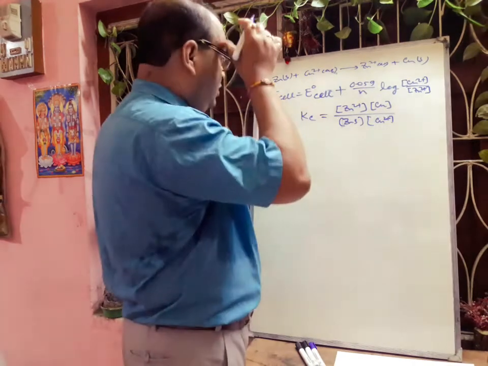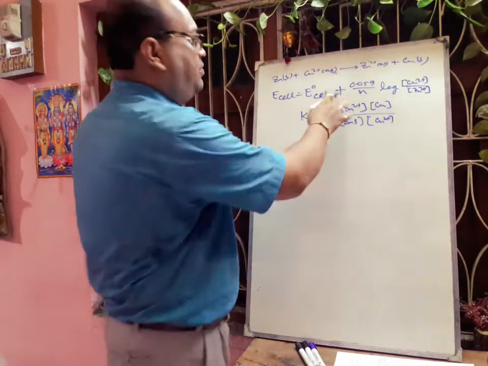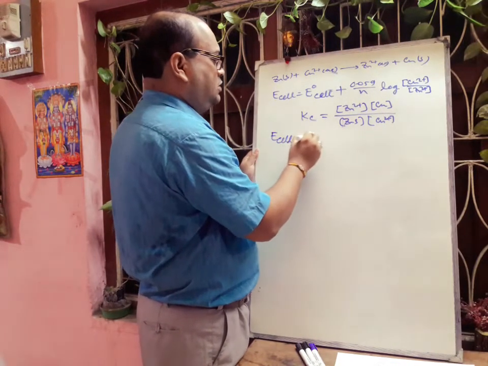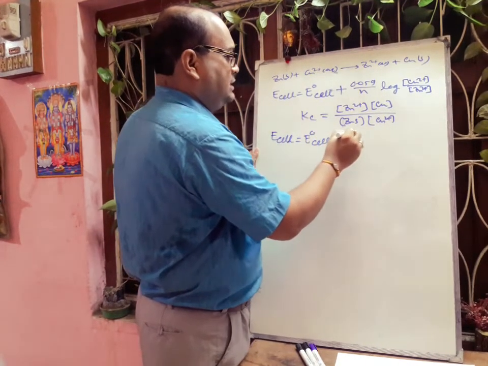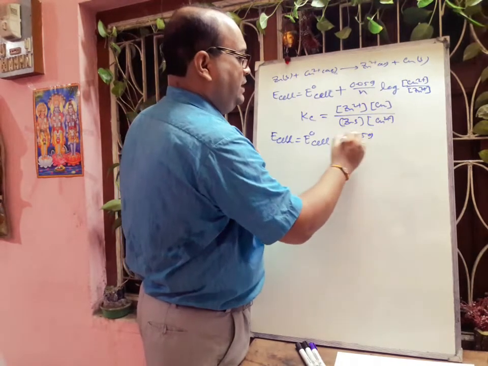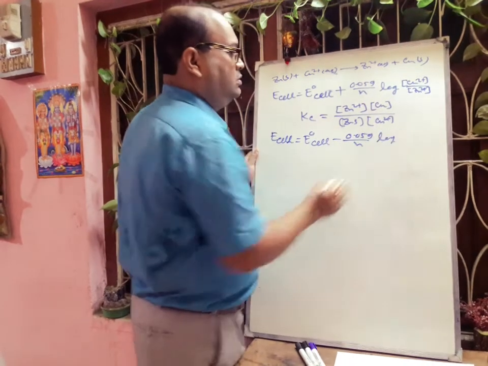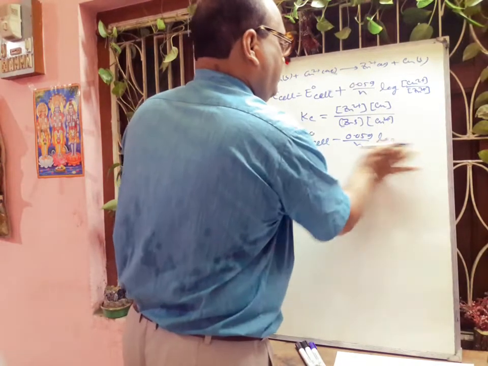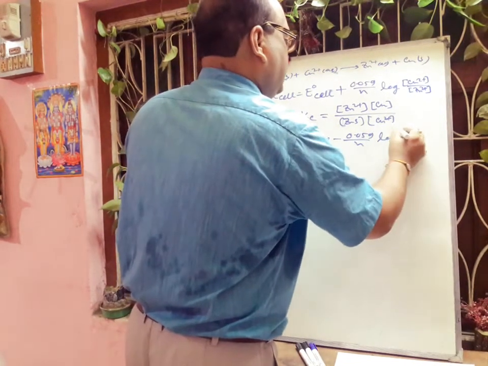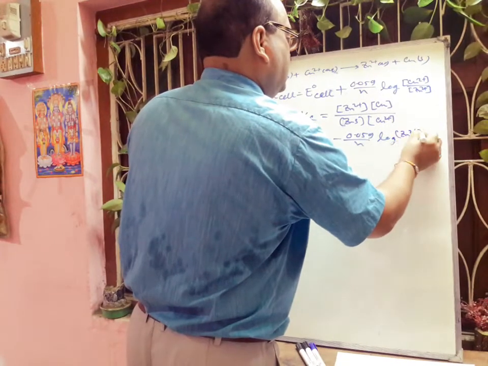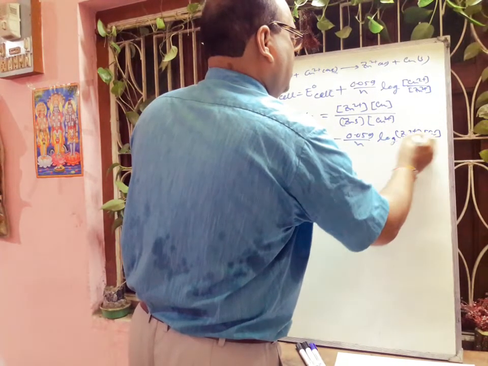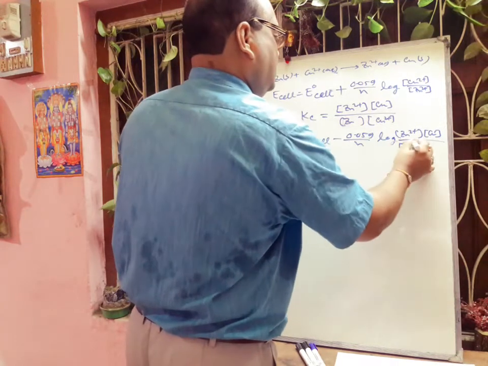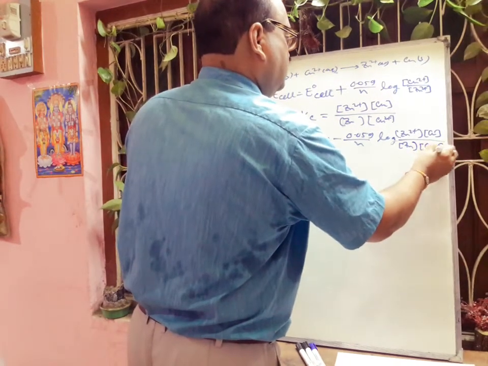So if we write the Nernst equation here with minus, then you can easily understand. E cell is equal to E0 cell minus 0.059 by n log. Here I am not putting the value 1, we are putting all things together: Zn2+ into the concentration of copper solid divided by Zn solid into Cu2+.